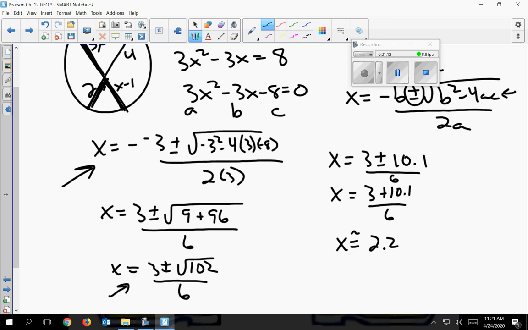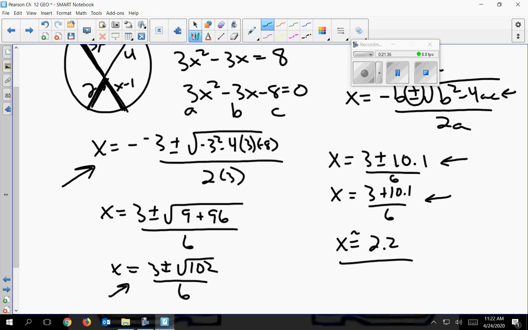It's not perfect. It's approximately 10.1. And remember, I said to add it because I have to get a positive number because it represents a length of a line segment. So I did that. It comes out to approximately 2.2. I rounded here, okay?